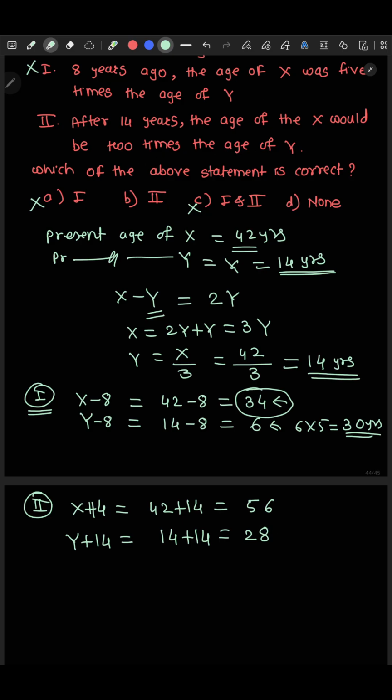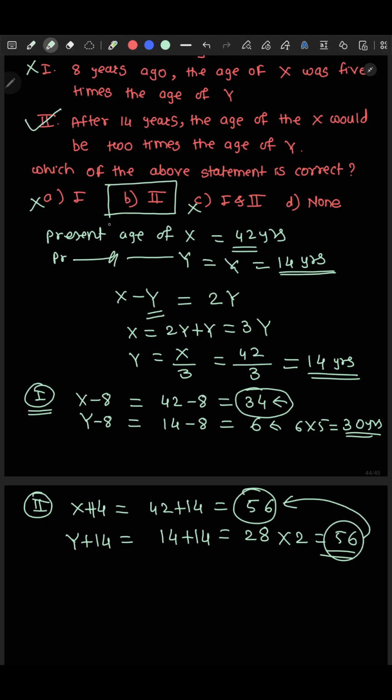It is saying X would be 2 times the age of Y. So if I multiply 28 by 2, that equals 56, right? And it is matching. Okay, that means my second statement is correct, and hence the correct option will be option B.